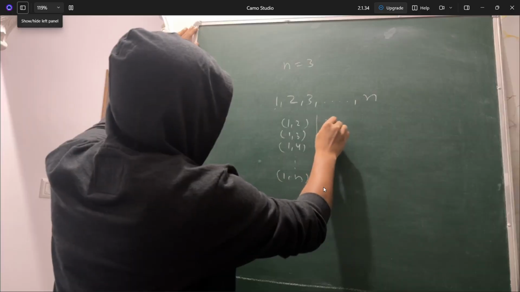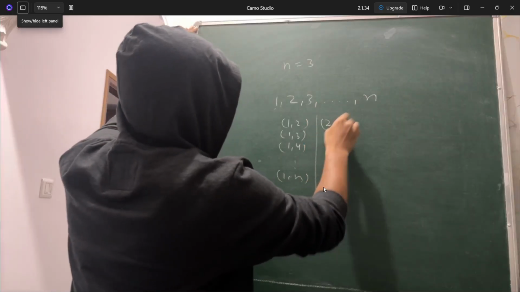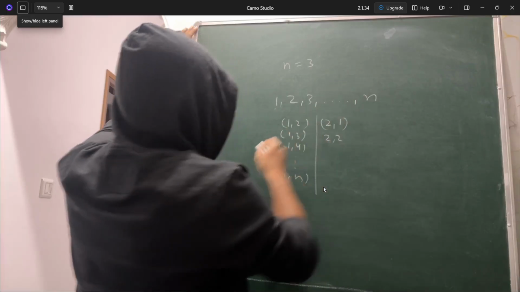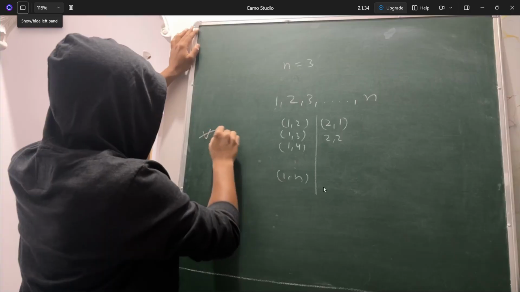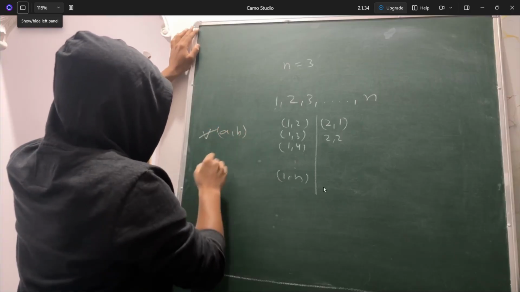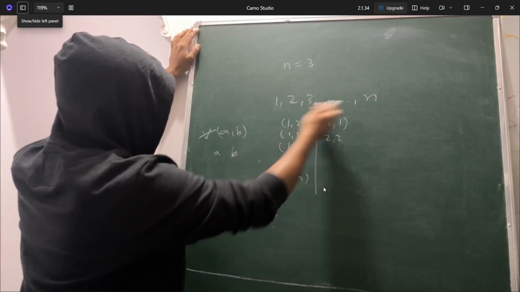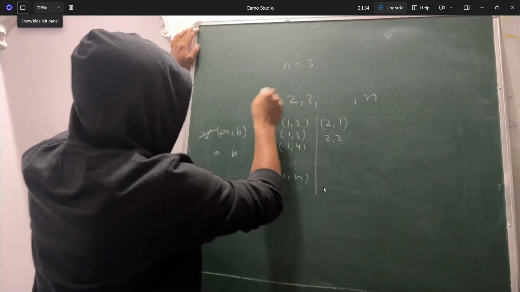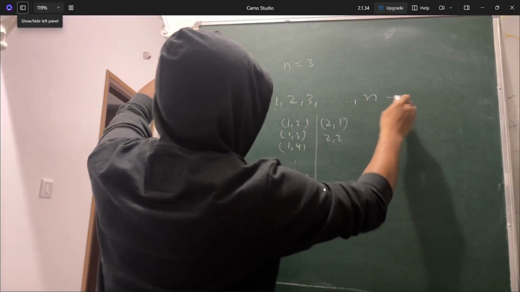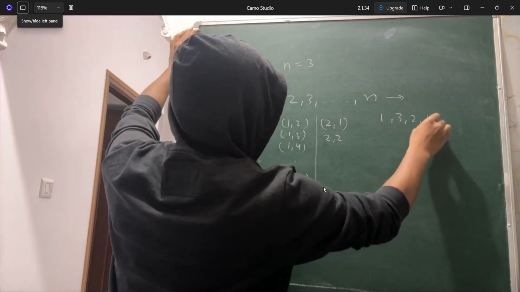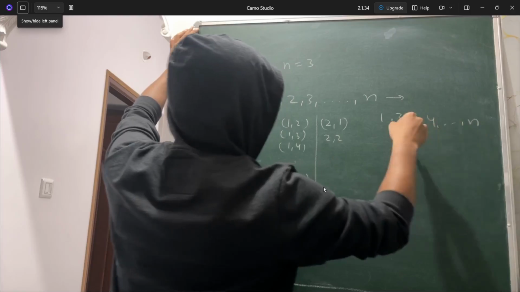Now you'll take 2 pairing with 1. 2 will not be pairing with 2, because in the question they have said for every pair A, B, A should appear before B in a permutation. If you try to arrange one more, this is one permutation. If you swap 2 and 3, it will be 1 3 2 4 up to N. This is the other permutation.